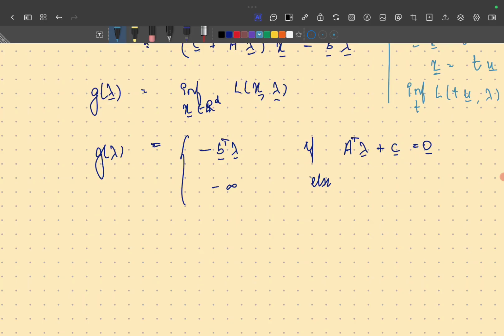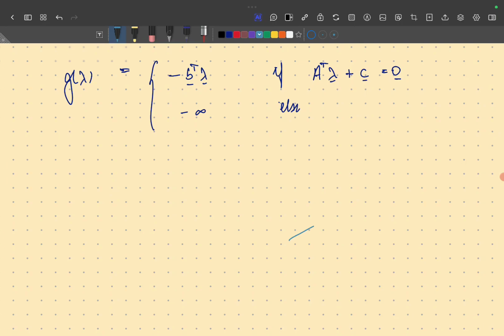G is going to be a surface, but it's parameterized on A transpose and C, is what you're saying? No, G is basically an extended value function, right? So what will it look like? Suppose I had to draw it in 3D. I have two variables and this is the value of the function.